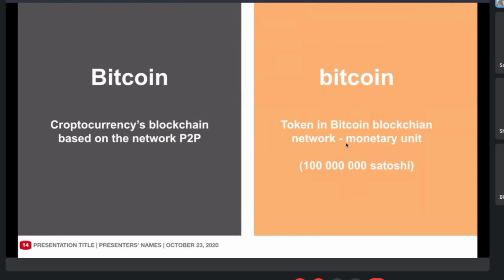So 10 to the power of minus 12, so we've got 1.000001, and this is 1 Satoshi. So Bitcoin can be divided, like a euro can be divided into cents. Bitcoin can be divided into 100,000 pieces.